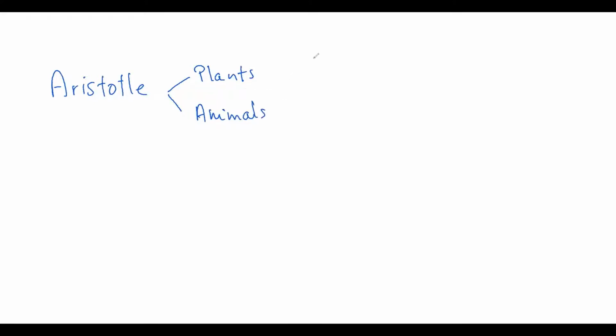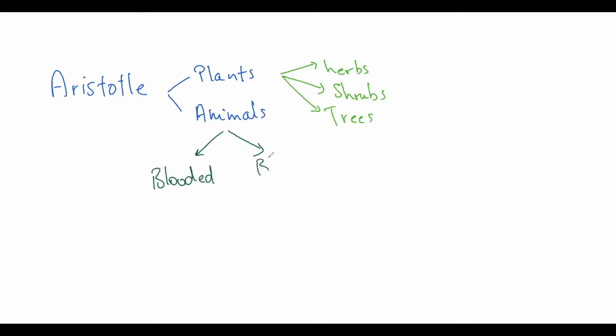Plants, he classified them according to their height into herbs, into shrubs, and shrubs means bushes, and into trees. And he classified the animals, a very simple classification, and it's not correct at all, into blooded animals and bloodless animals. Why?